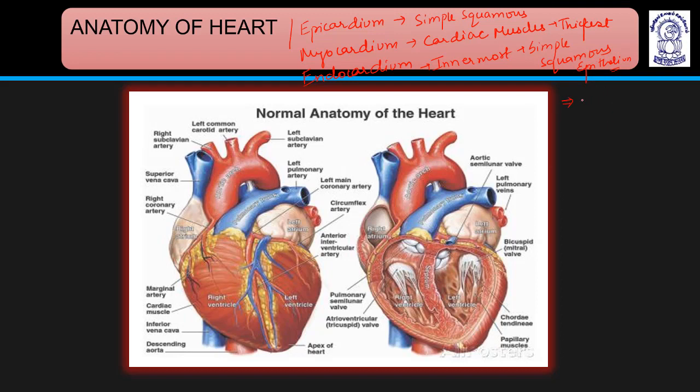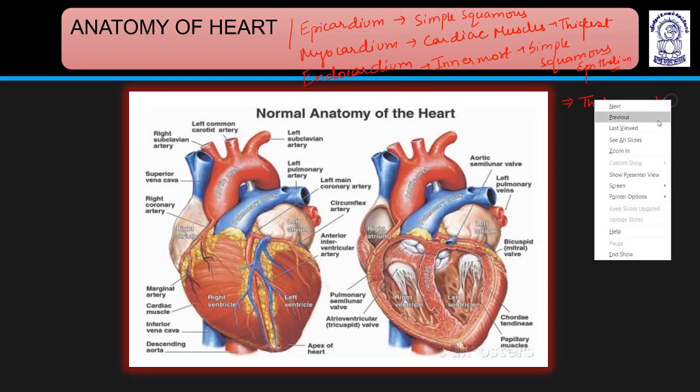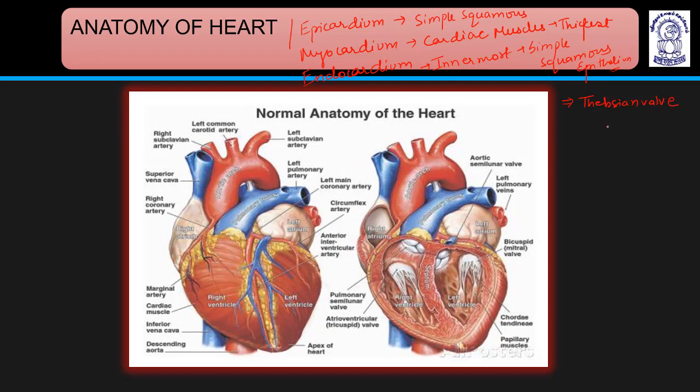You have to remember the Thebesian valve, which guards the coronary sinus, and the Eustachian valve, which guards the inferior vena cava.